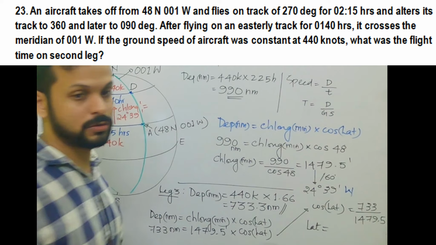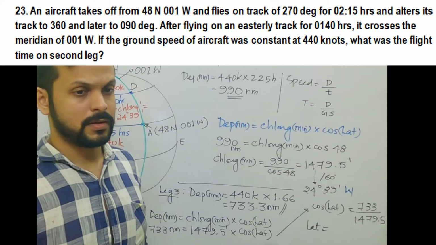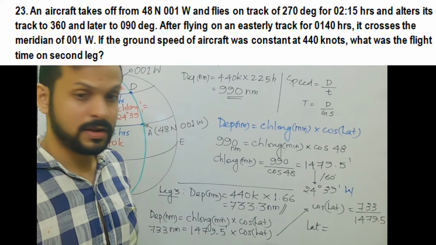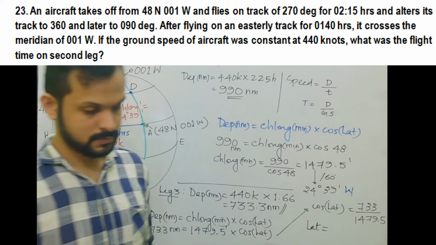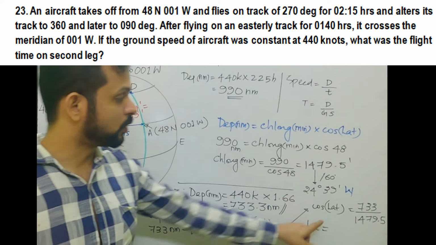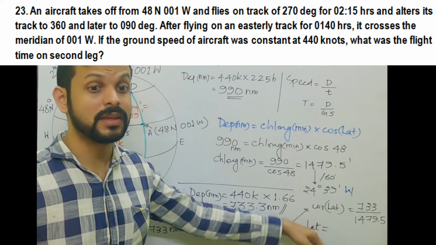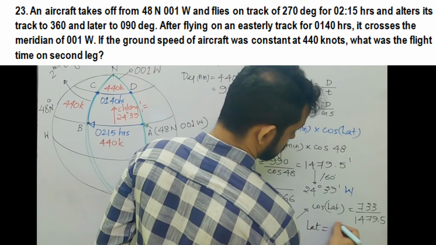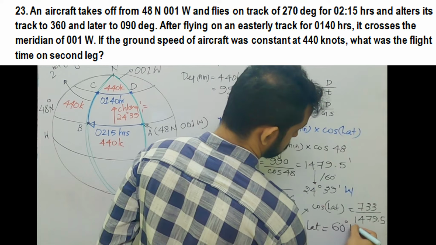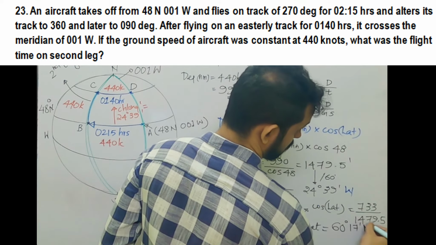So once we get the cos of latitude, how will we find the latitude? We have done this previously. You found out cos of latitude and then you found the cos inverse of that by pressing shift and cos. How much is it? 60 degrees 17 minutes north.